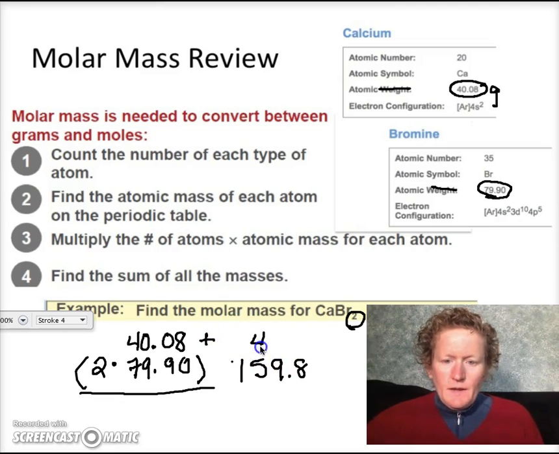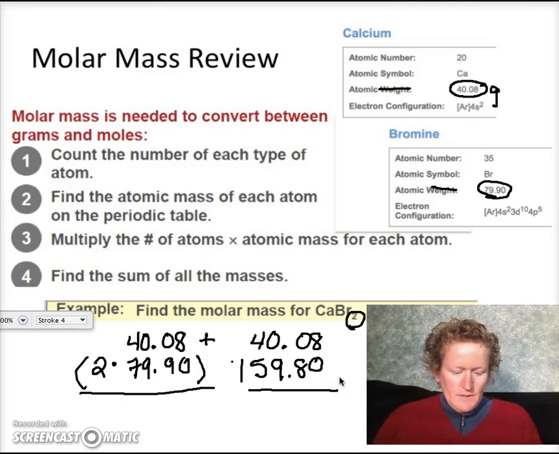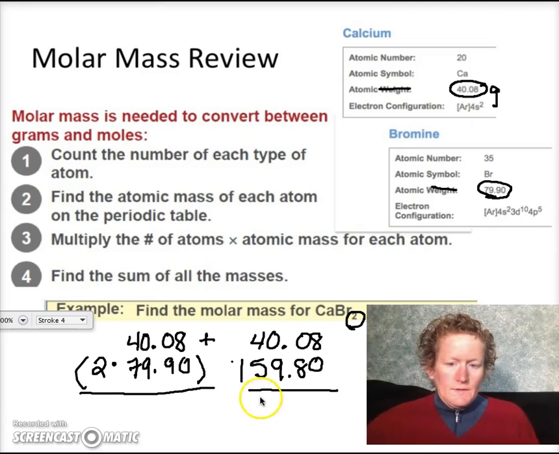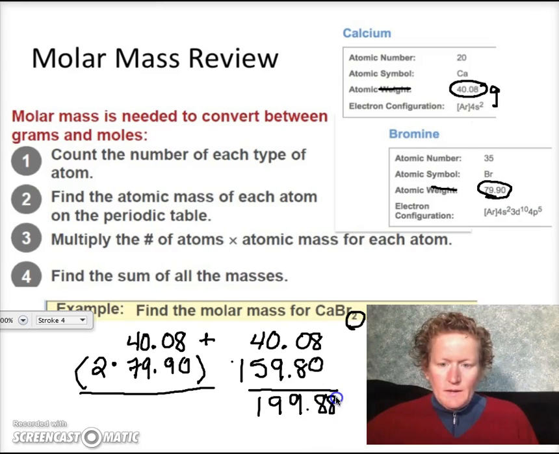And then I can add 40.08 to that to get my final result, which equals 199.88 grams per mole for calcium bromide.